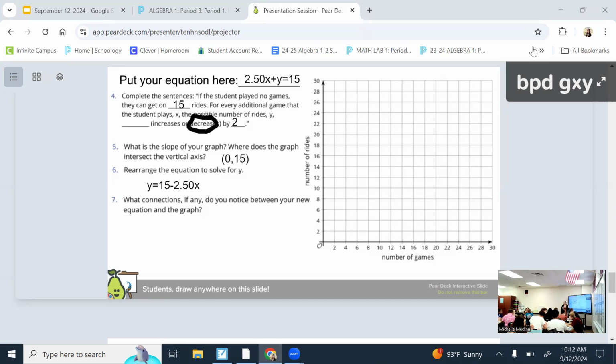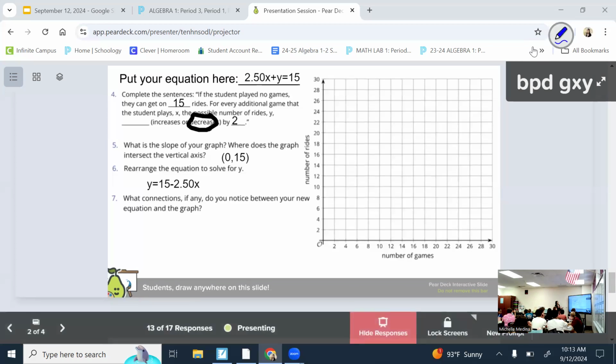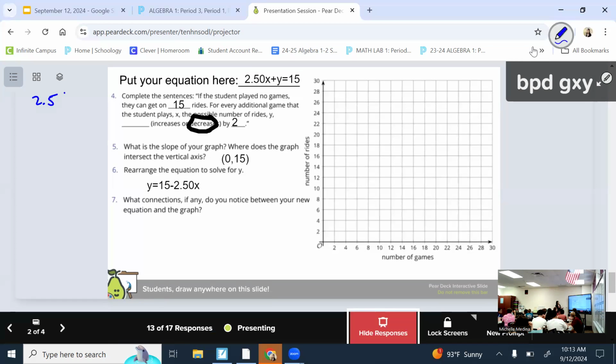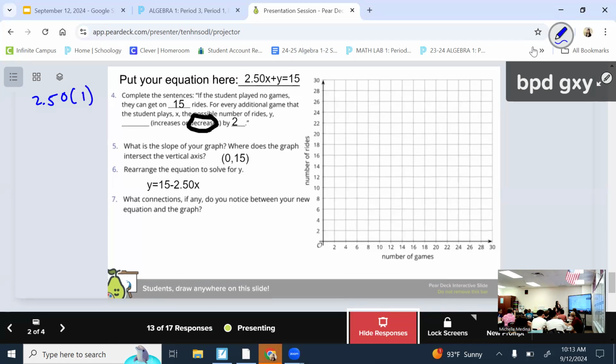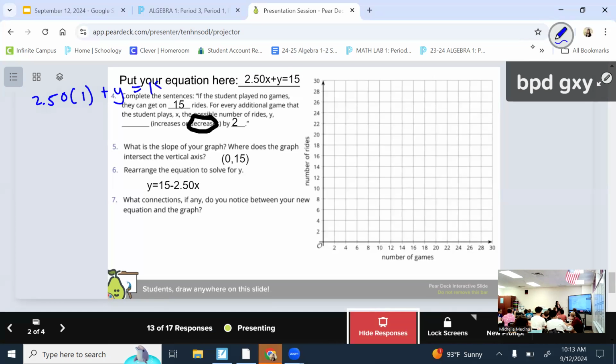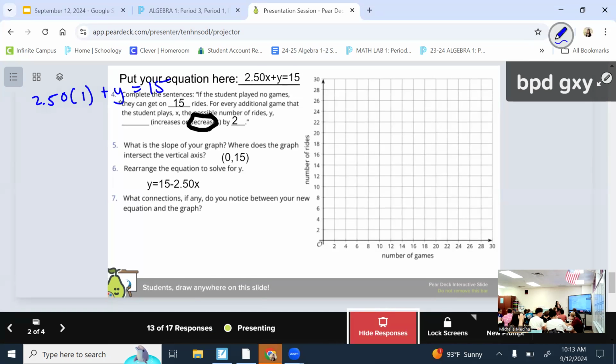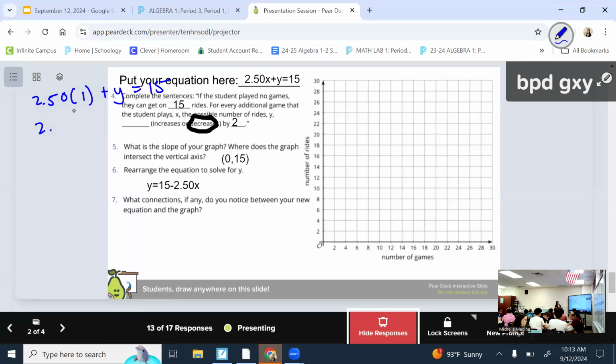If they played no games, what's one more after no games? What you could have tried is plug in 1 for the x and solve for y in that case. What's 250 times 1?